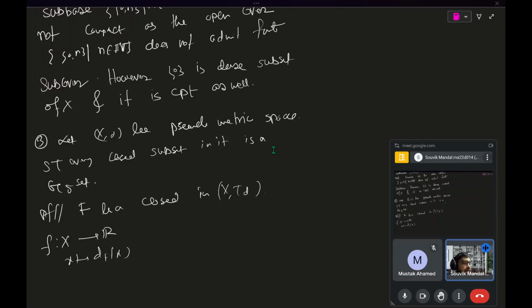First, we observe that f is upper semi-continuous. Upper semi-continuous means that the condition f(y) < f(x) + epsilon is satisfied near x.